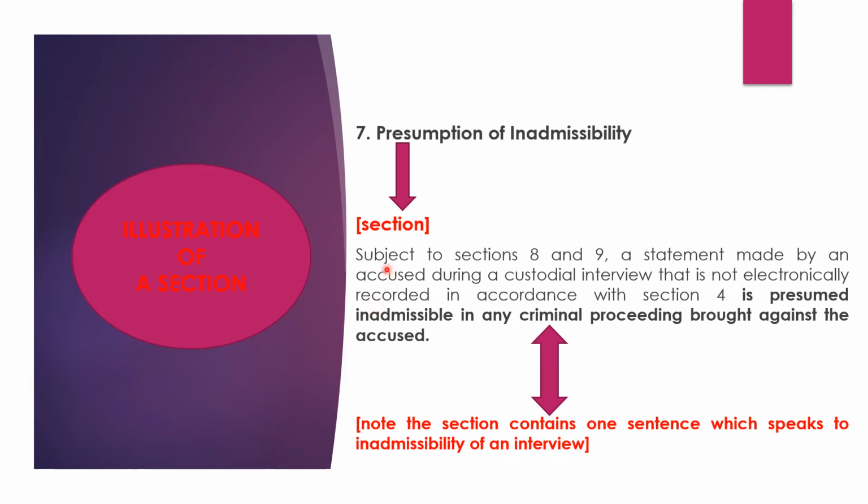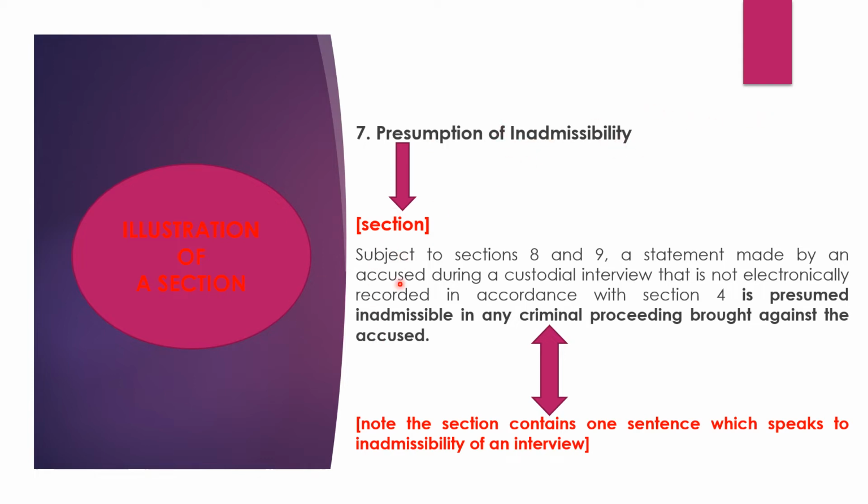And you see it says, subject to sections 8 and 9, a statement made by an accused during a custodial interview that is not electronically recorded in accordance with section 4 is presumed inadmissible in any criminal proceedings brought against the accused. Now remember, the section heading said presumption of inadmissibility.